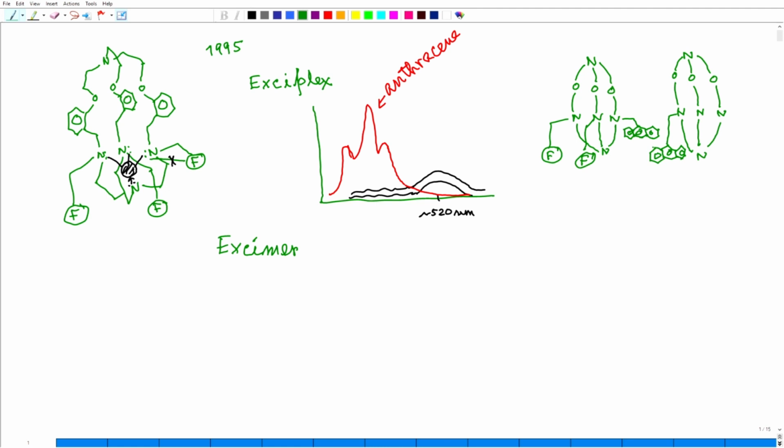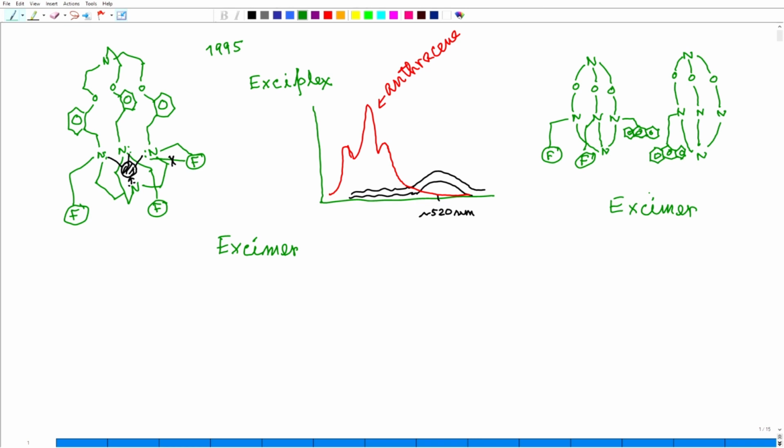Okay. So, this will give, and fortunately or unfortunately for anthracene, this excimer also comes here in the same region, a broad peak. So, how do I know it is exciplex or excimer? How do I know?